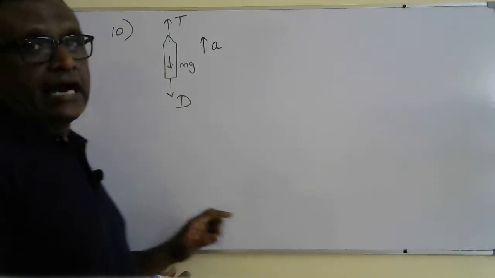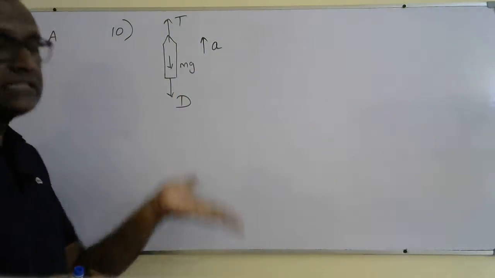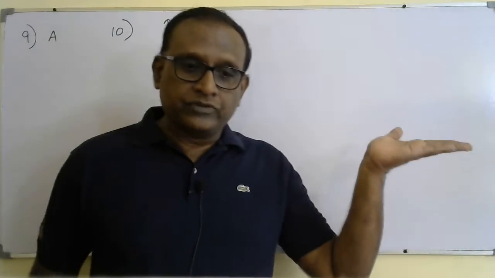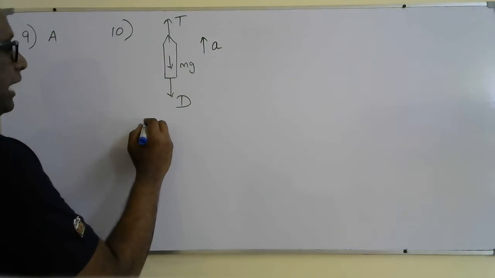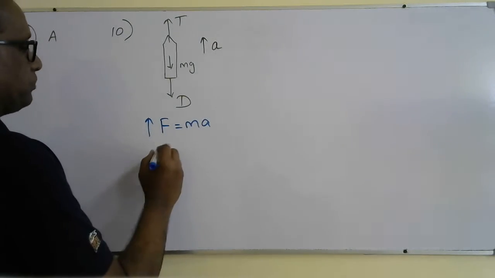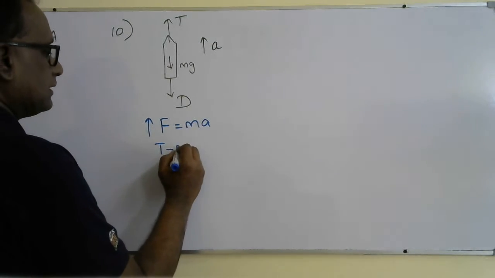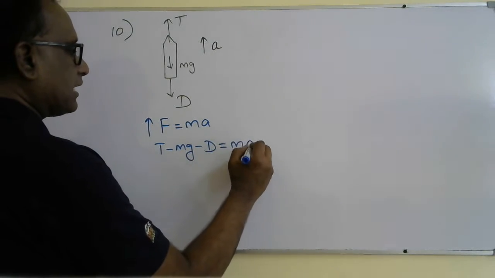Since it's accelerating upward, the resultant force should be upwards. According to F equals ma, F is the resultant force, so we can use F equals ma in the upward direction. F is T minus mg minus D equals ma.